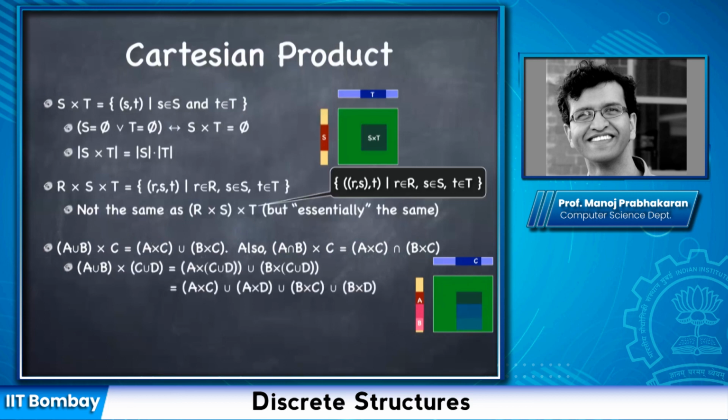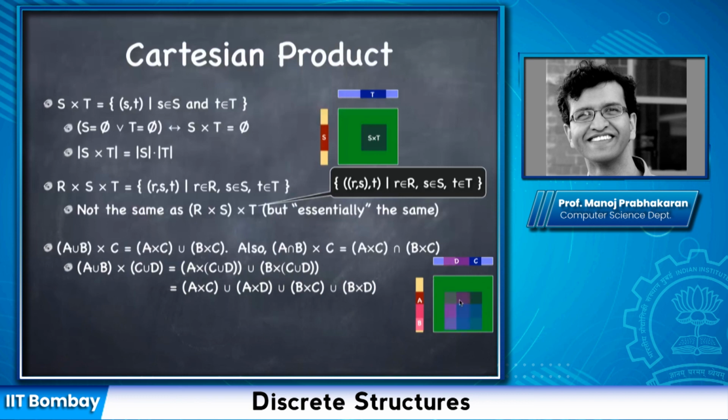You can also consider, here I had a single C. What if we have C union D there? Then say I just added another set D, and (A union B) cross (C union D).